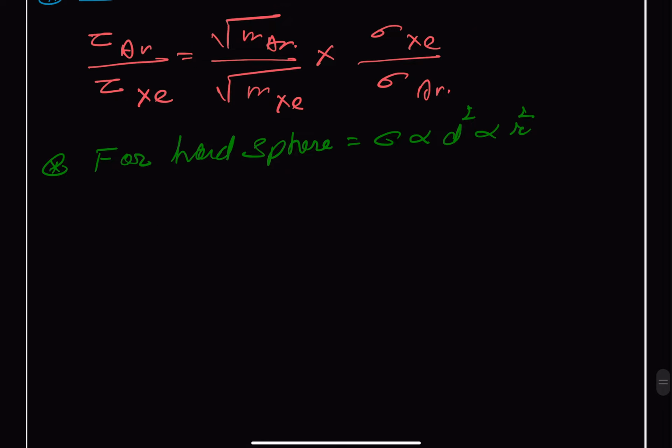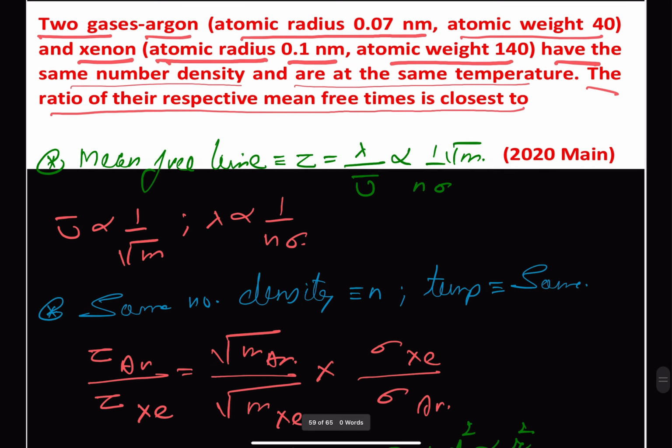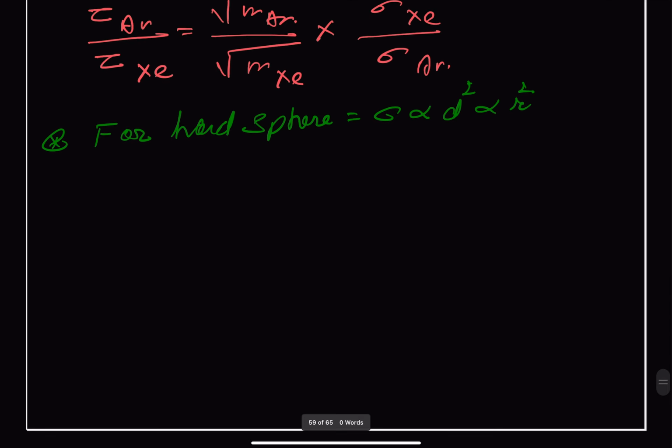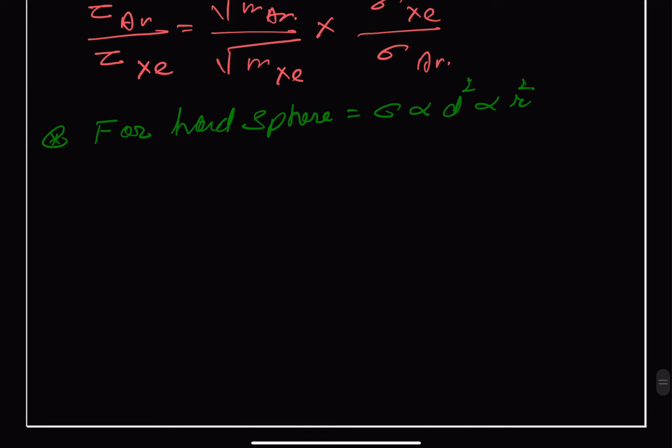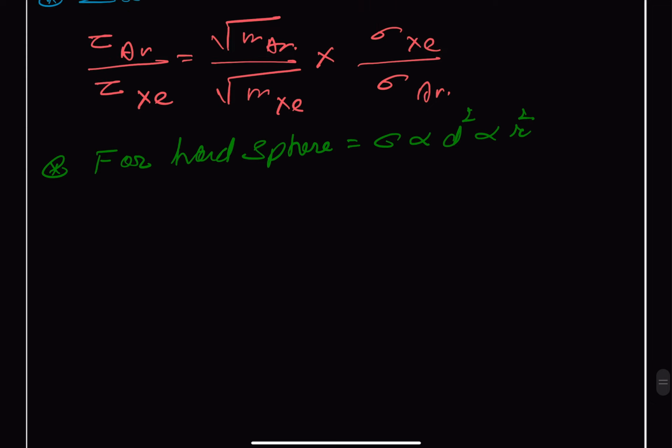So therefore we can write the sigma ratio of xenon to argon as equal to the radius of xenon upon the radius of argon, whole square, and these values are given to us.